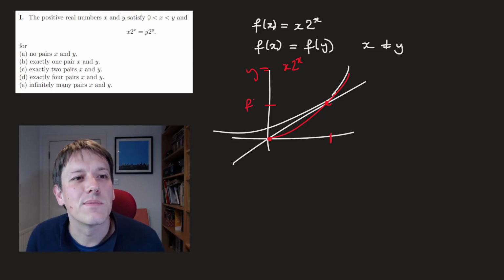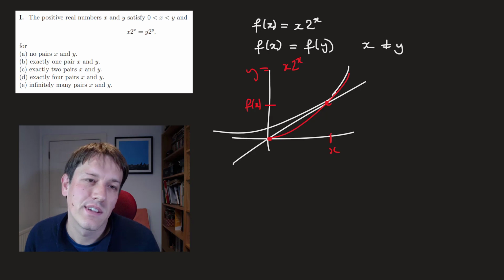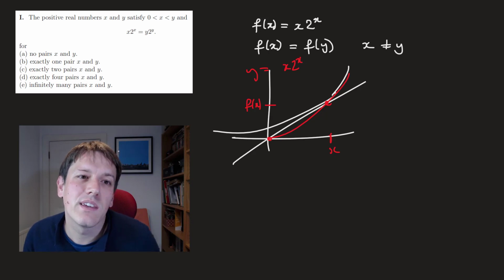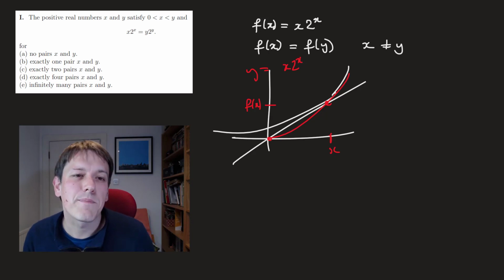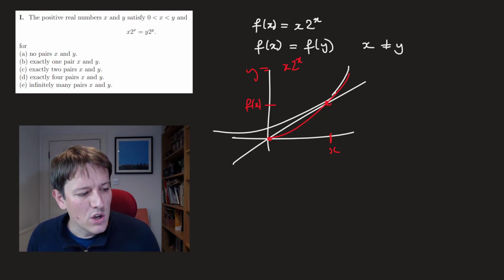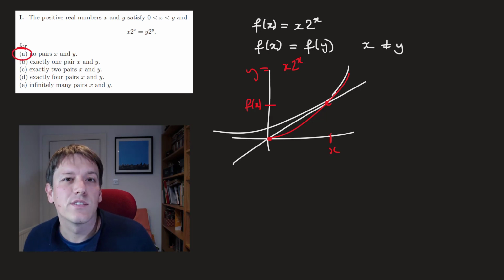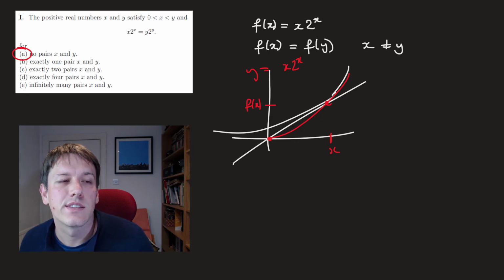So if this is my f(x), then this will be my x, and there's no other different value where I could have the same y value but a different x value. Different input for the function with the same output, basically. So that means that the answer is that there are no pairs of x and y that satisfy this one.